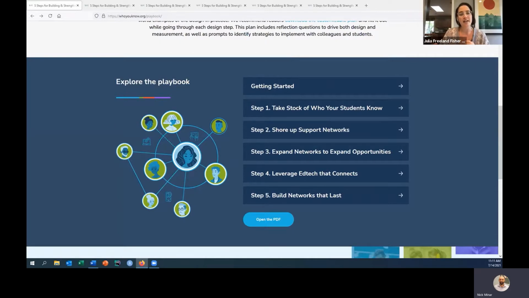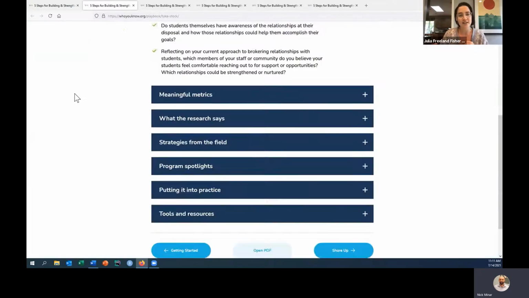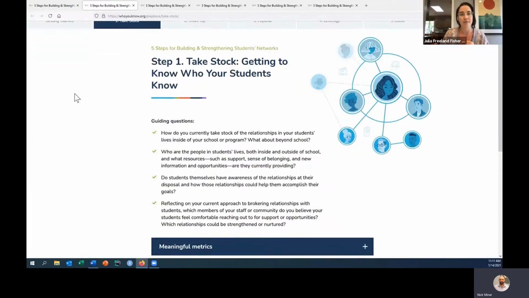Step 1, as you asked, Nick, why does this go unaddressed? I think part of it is that it can be really overwhelming. Measuring what's called unbounded networks is quite easy in the era of big data, but it's quite hard if you're already a capacity-constrained organization who's just scraping by, having caregiver and emergency contact information and maybe doing some assessments around educator-student relationships, which have become more popular in recent years with the rise of SEL interventions.